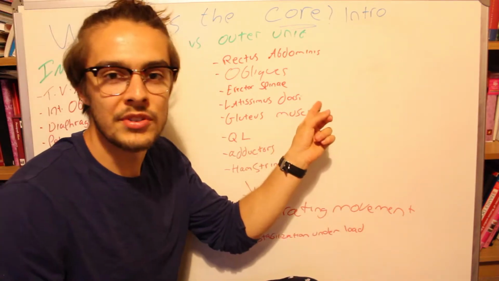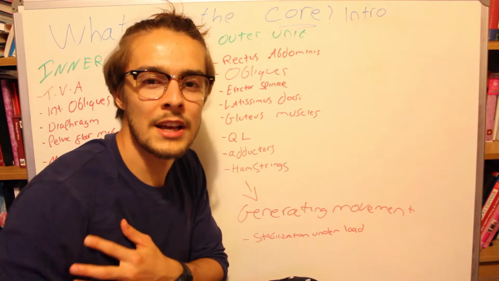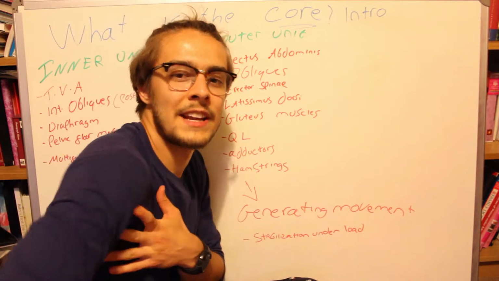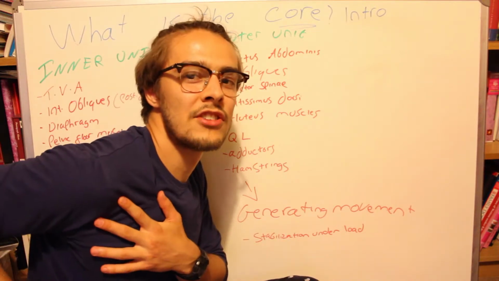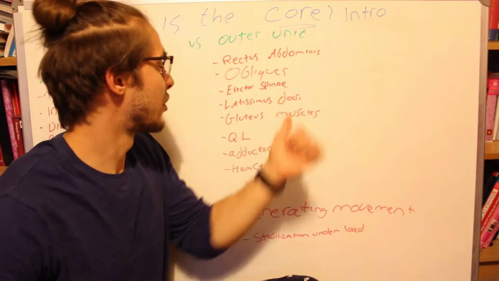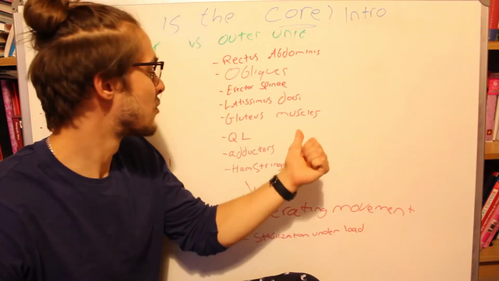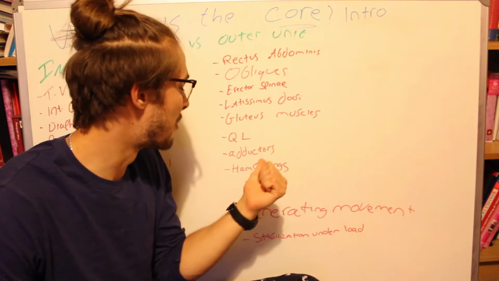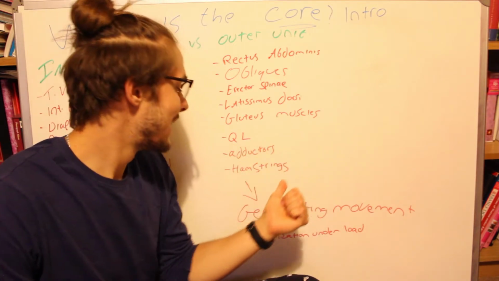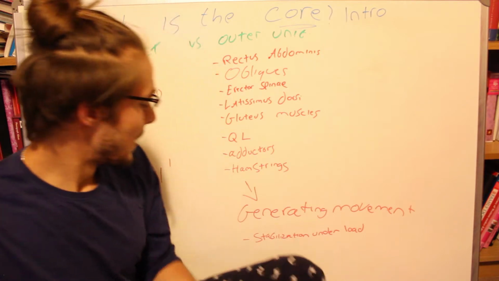Your latissimus dorsi, which affects your shoulder joint and causes adduction, internal rotation and extension of the shoulder joint. Your gluteus muscles, so your bum muscles, your QL, your quadratus lumborum, your adductors and your hamstrings.